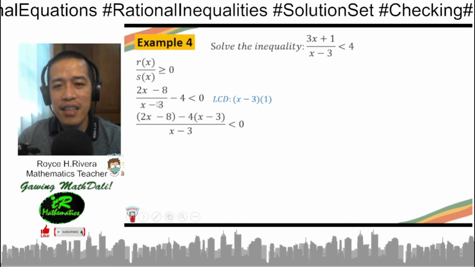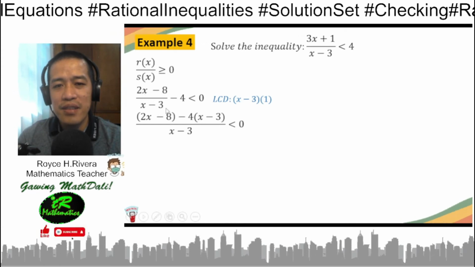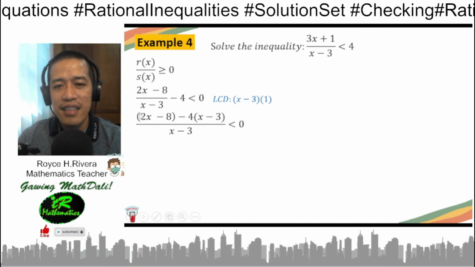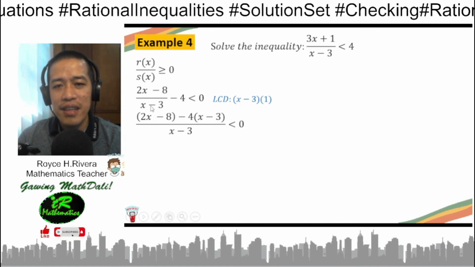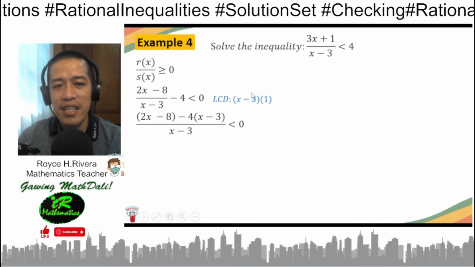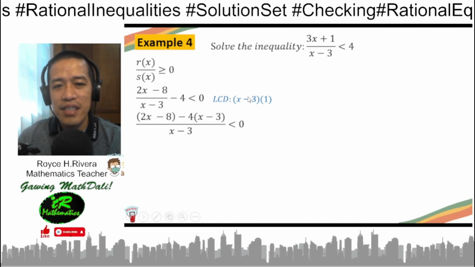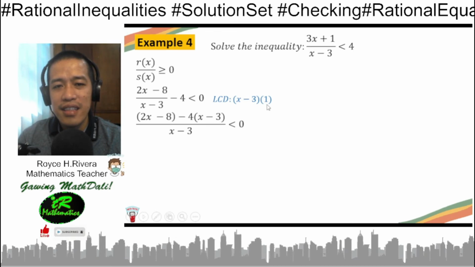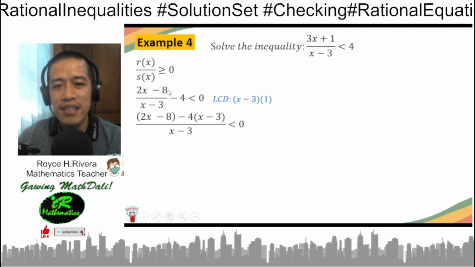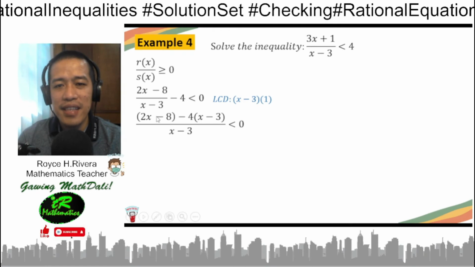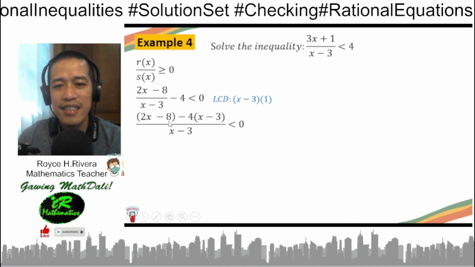The denominator x minus 3 and x minus 3 in the LCD will be reduced to lowest term, which is equal to 1 times 1 times the numerator 3x plus 1.